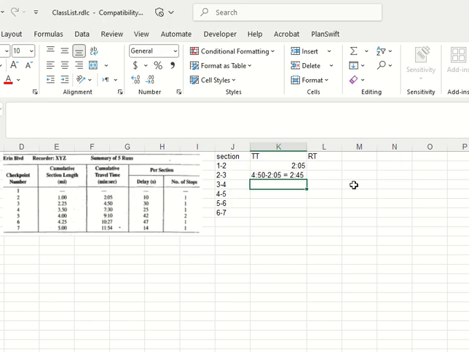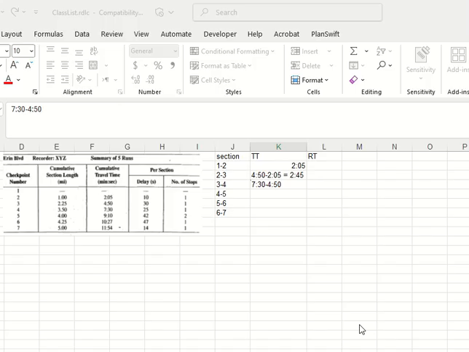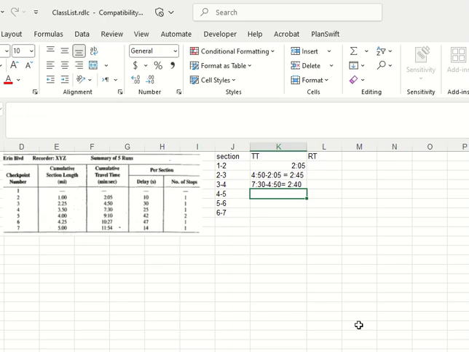Next one I'll subtract 450 from 730. So 730 minus 450: 7 minus 4 is 3, and 50 minus 30... no, 330 minus 50 seconds means 240. In the same way you will keep on subtracting them.